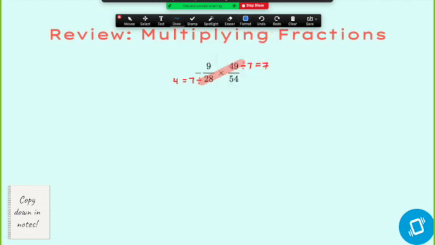On the other side, if I have 9 and 54, I know both of them can be divided by 9. 9 divided by 9 gives me 1. 54 divided by 9 gives me 6. So my new fraction will be negative 1 over 4 times 7 over 6.